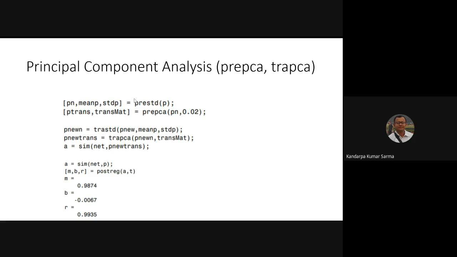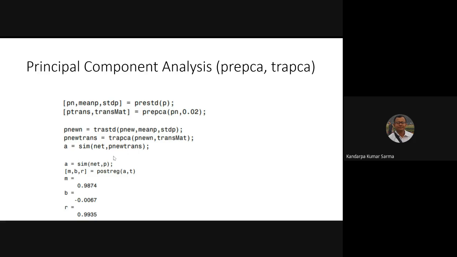Therefore, sometimes we can use the principal components as part of the training. So here is a function called pre-PCA, through which we can specify the calculation or selection of PCA values with 2% margin.